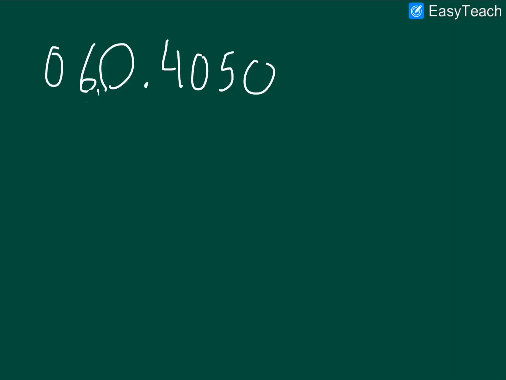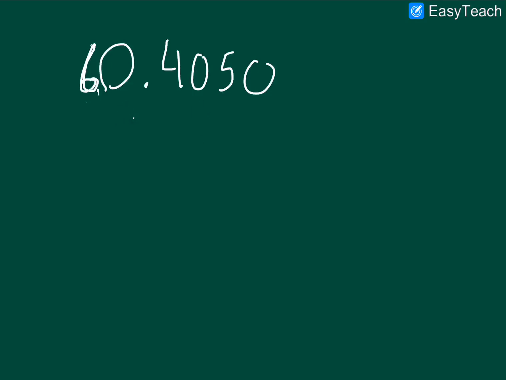So if I wrote zeros there, you can understand that's unnecessary, they're not significant, so we can take that away. Zeros between non-zeros count. This also makes sense because 60.4 would not be the same without this 0 in between, and 60.405 would not be the same without this 0 either.